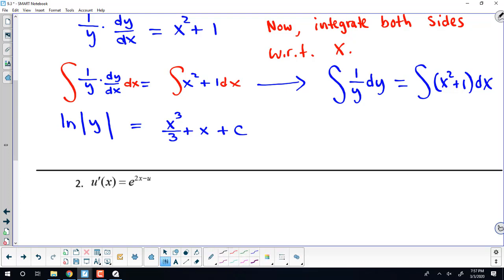So what we're after then is a solution. What is the function y of x? You've got to solve for y here. I hope I can fit all of this in. So we're exponentiating both sides. E to the ln absolute value of y is the absolute value of y. That's equal to e to all of that as the power.